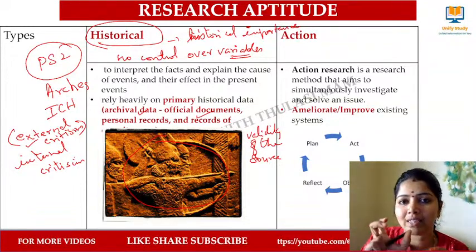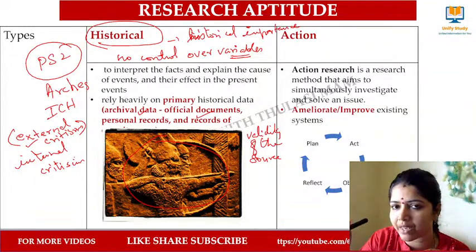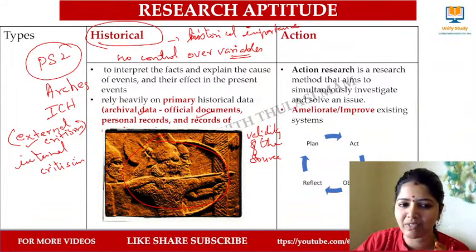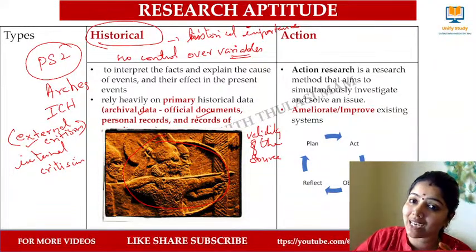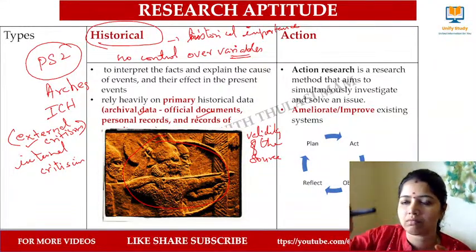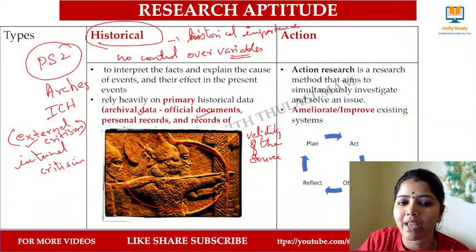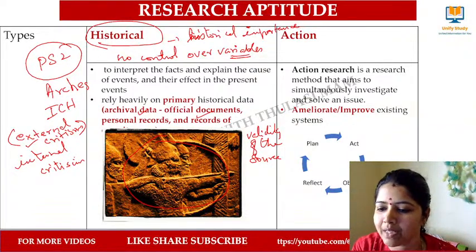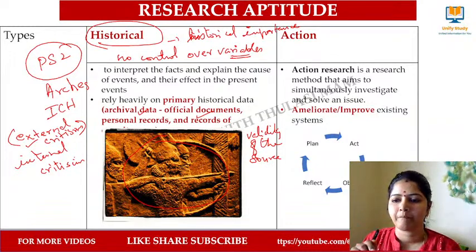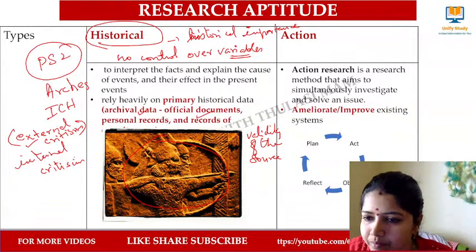So I have to tell that this was done during this period by these people, and that we call external criticism. And the content inside has to be explored properly, and that we call internal criticism. Yes, clear?